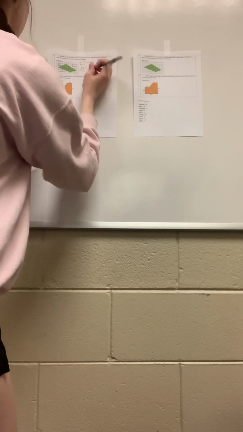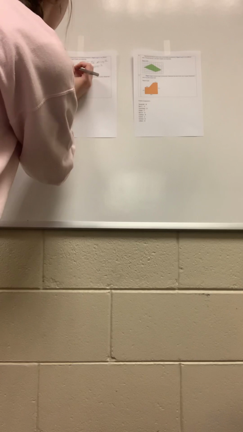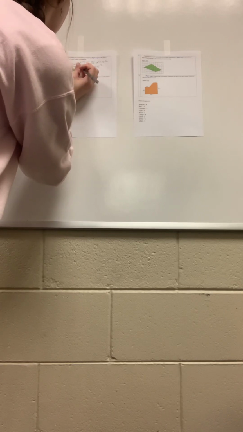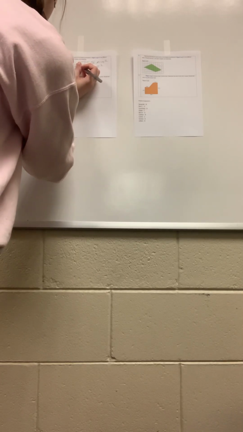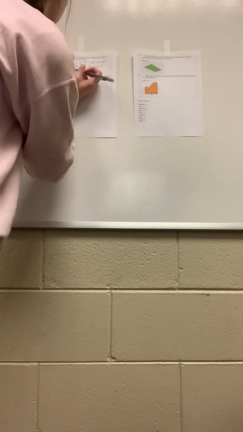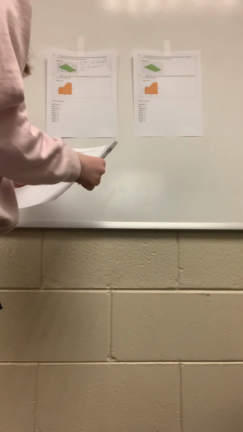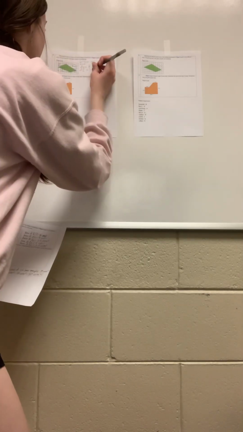Then for triangle 2, we have a height of 5 units and a base of 3 units. So 5 times 3 is 15, times 1/2 will be 7.5 units squared.